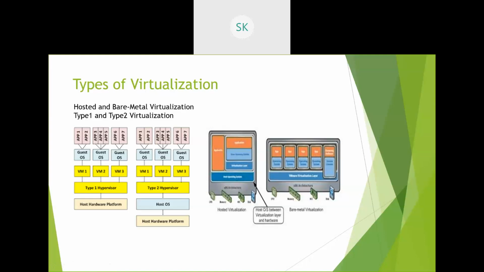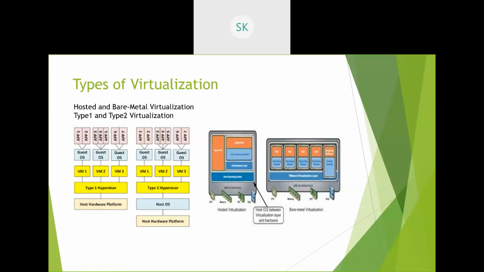The simple principle is this: does the hypervisor layer directly contact the hardware without any mediator, or does it depend on some host, some operating system? That is the only difference.